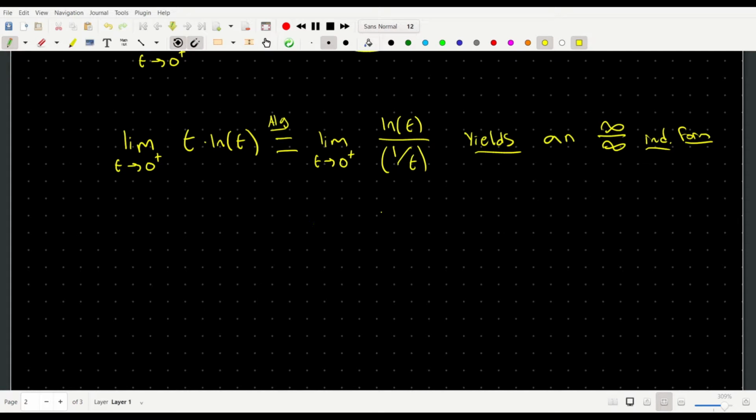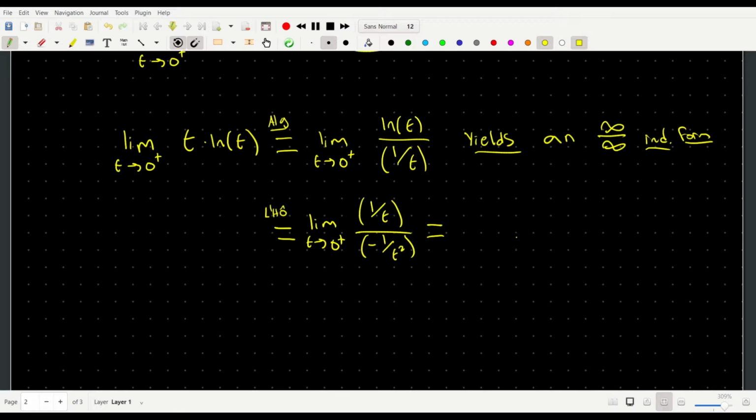But what's nice about this is we can directly apply L'Hopital's rule, and the derivative of the natural log of t is 1 over t. And the derivative of 1 over t, which is the denominator here, is negative 1 over t squared. So this is our application of L'Hopital's rule.